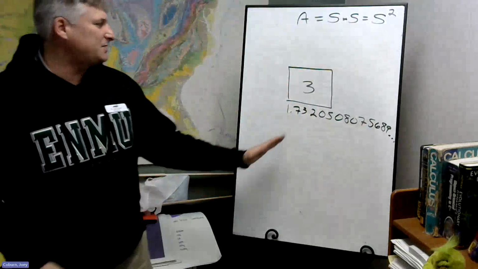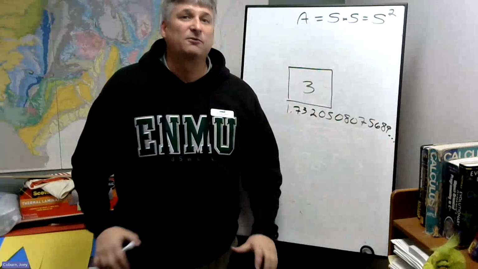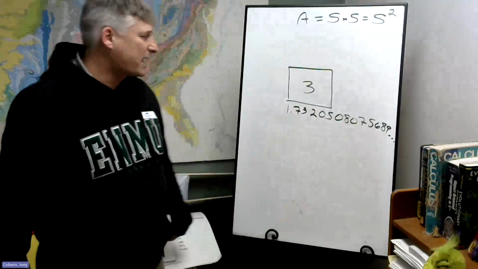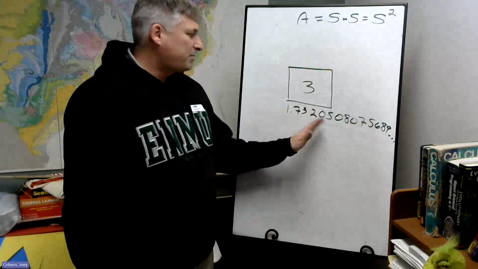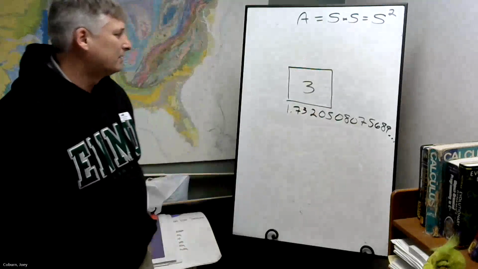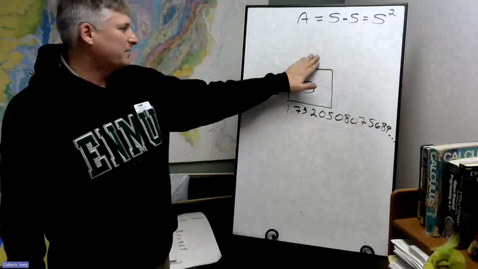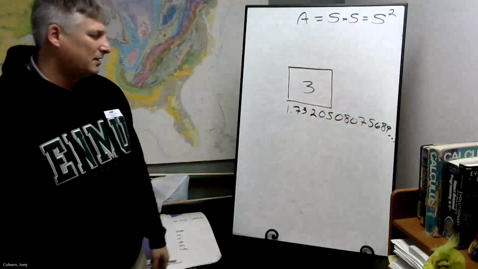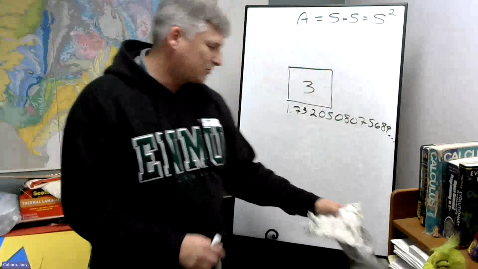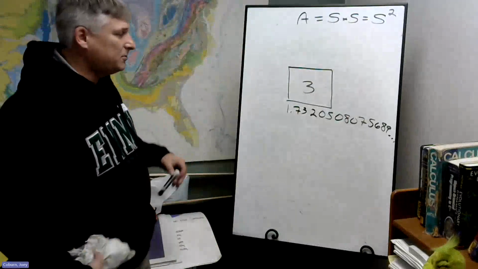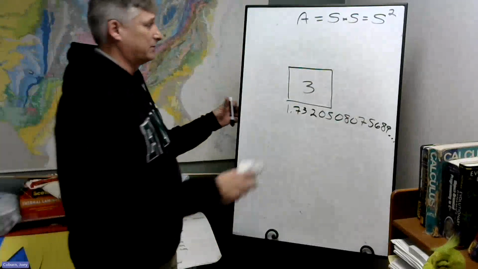What's going on here is these digits will appear forever. They keep going on. There's no repeating pattern here. And this length, it'll be the same length here, same length here, same length here. So you can take square roots of numbers like 3. What you get is what's called an irrational number.